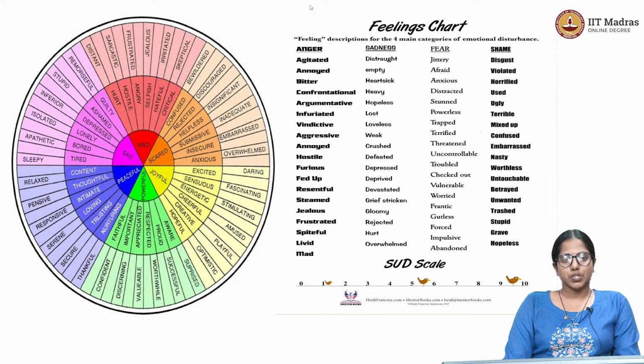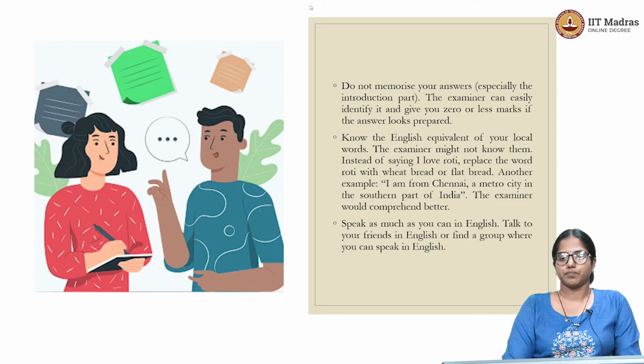So I put a feelings chart here. This will help you describe your emotions in a better way. So if you have plans of preparing for a speaking test, I hope this comes to your help.